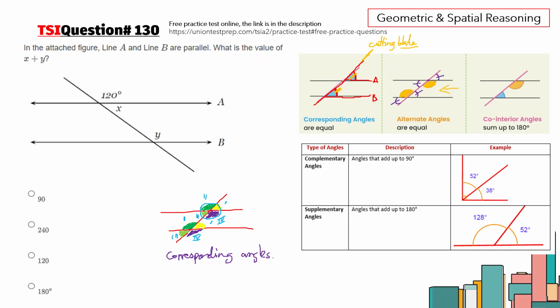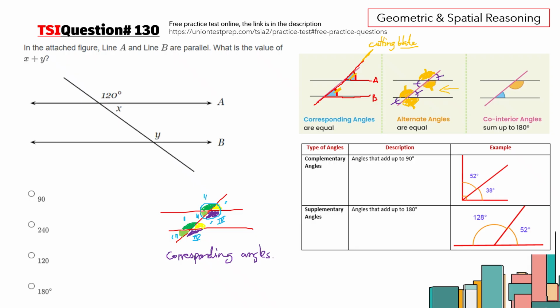And then the given orange part right here has vertical angles right here as well. That is equal, and then this one will be equal to that as well. The same colors mean the same angles. The measurement of the angle is the same.